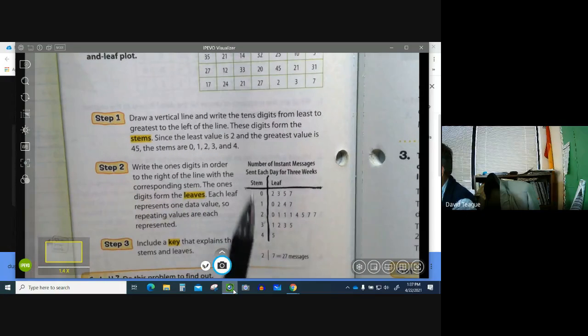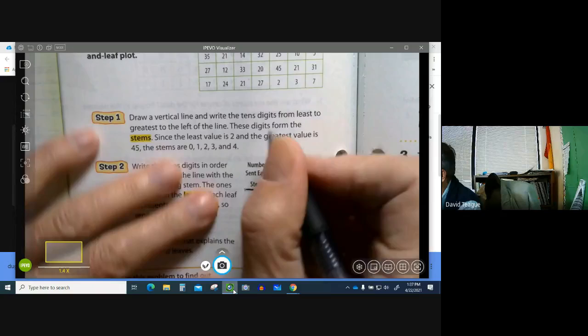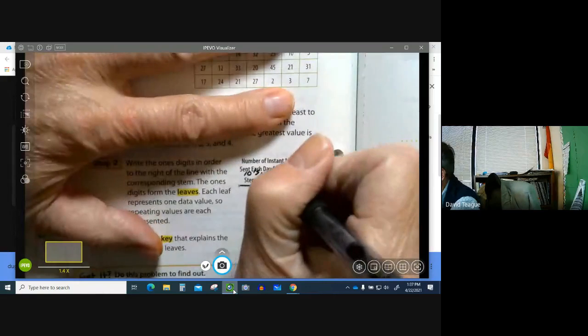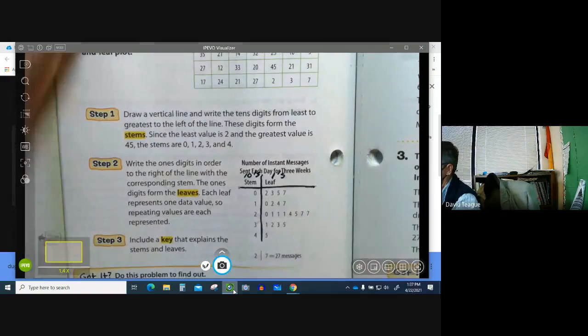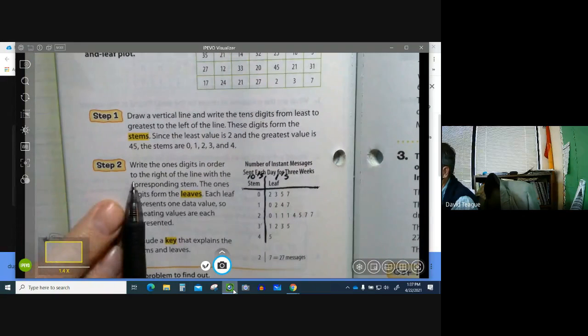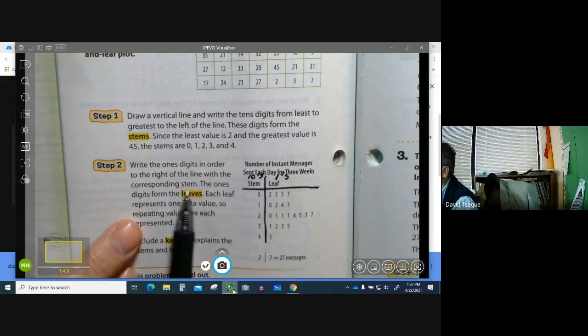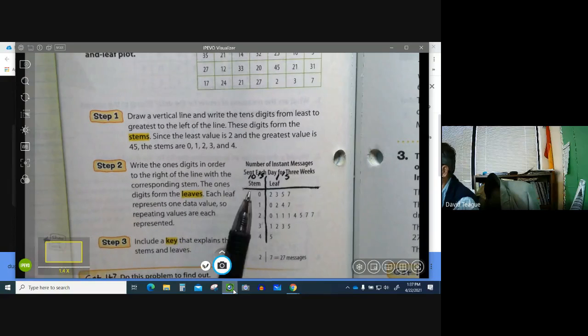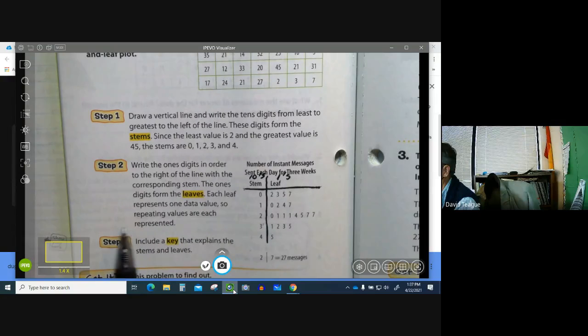So this is the stem part, which is the tens place. If you think of that as the tens place, and this is the ones place, write the ones digits in order to the right of the line with the corresponding stem. The ones digits form the leaves, stem and leaf. Each leaf represents one data value.